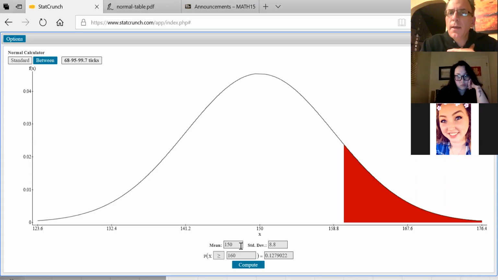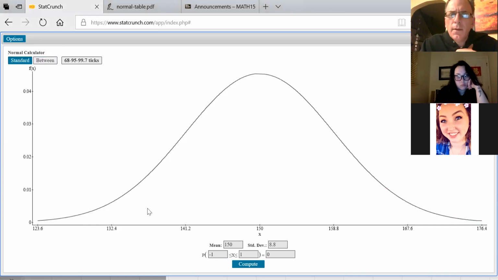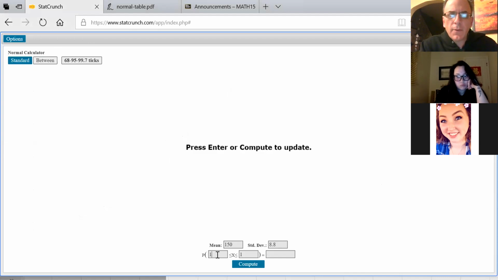So if we're using the StatCrunch, we're going to use the same mean, same standard deviation, but this time we're going to go between. So this one, and we go down to the bottom here, we're going to try between two values. We want to find between 155 and 160. So notice again, that's exactly how the StatCrunch has it set up, exactly the same way that I wrote it.